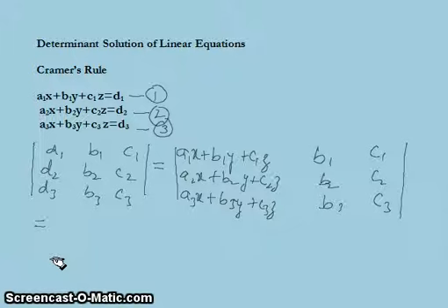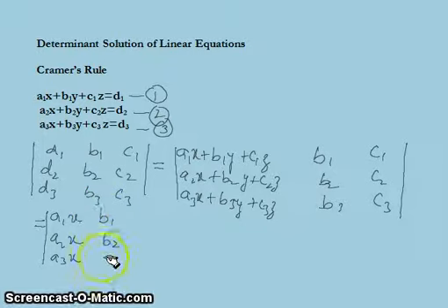Here the first column, which is obtained by summation of three terms, can be rewritten as a1x, a2x and a3x. The rest of the columns are the same, that is b1, b2, b3, and c1, c2, c3.